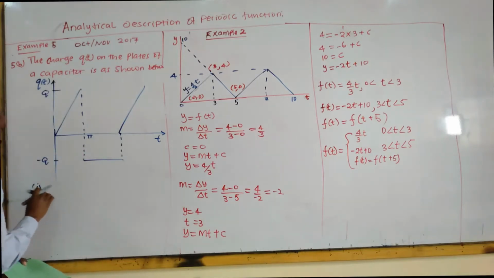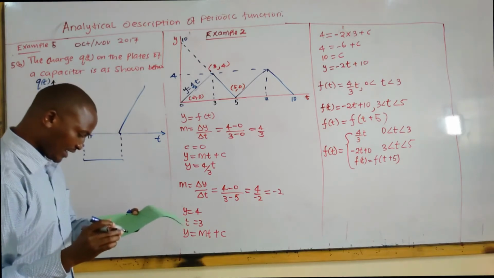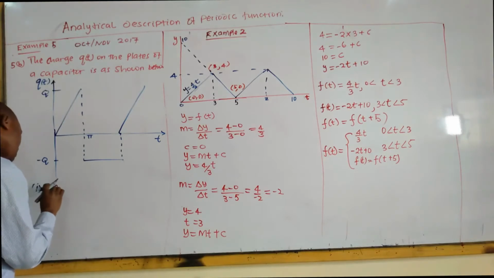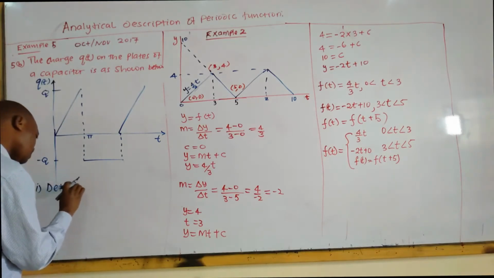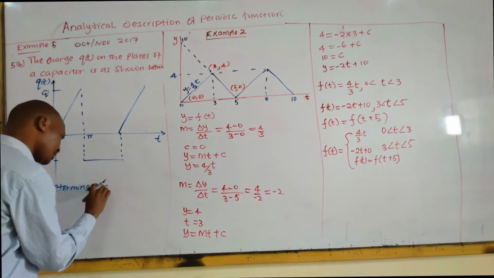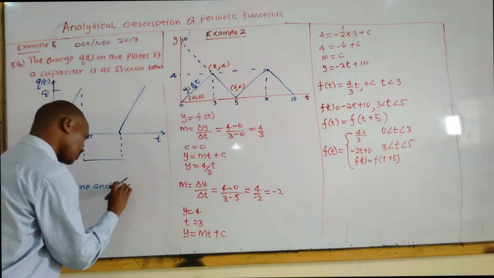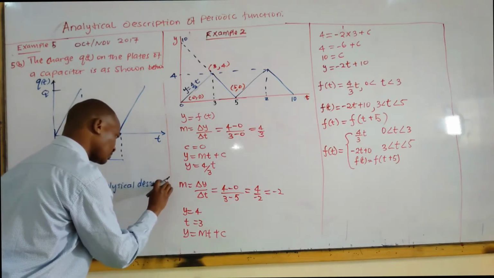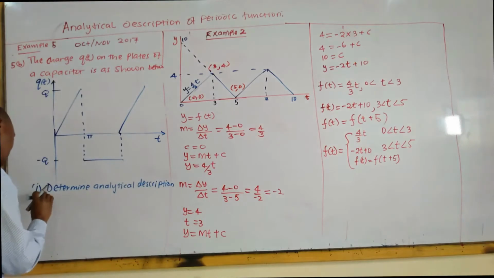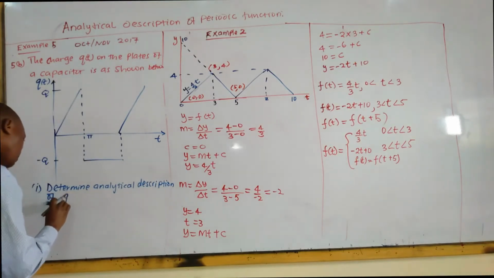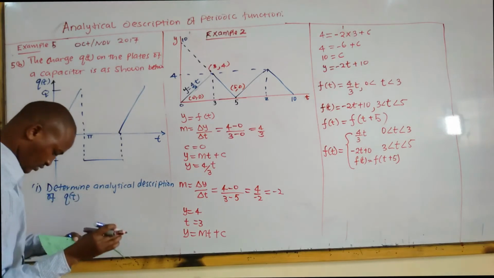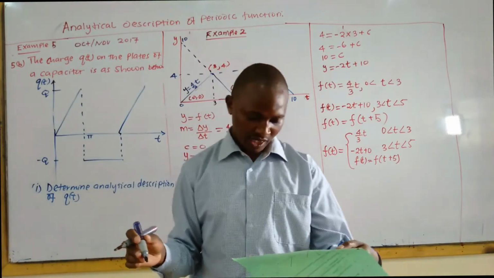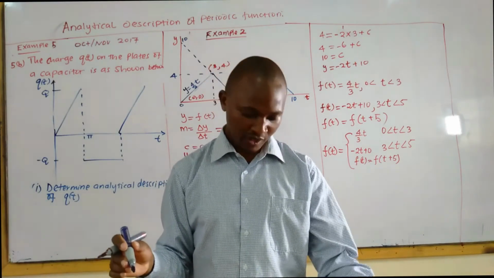The first part of the question is determine the analytical description of Q of t. We are not going to do part 1. Part 2 we can only do it after we have made some progress in this topic.